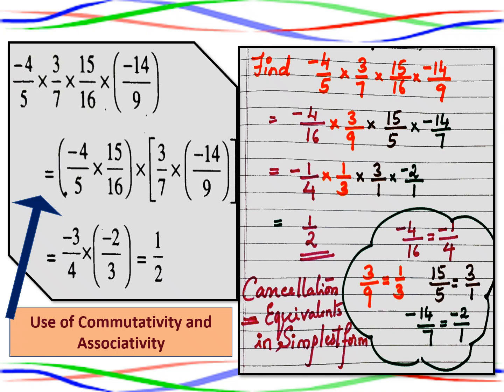But when any sum is given for 4 rational numbers or 5 rational numbers multiplication, we cancel like that only, we don't use any of these methods. But this is how actually the property gets into our calculations without our knowledge and we are using it without our knowledge.